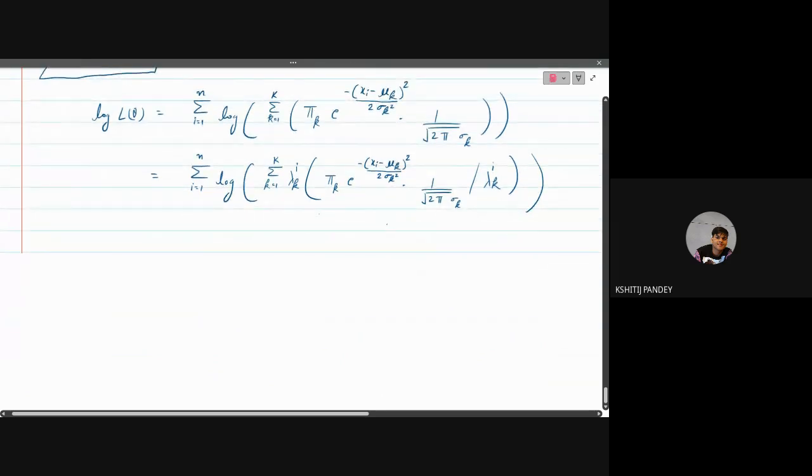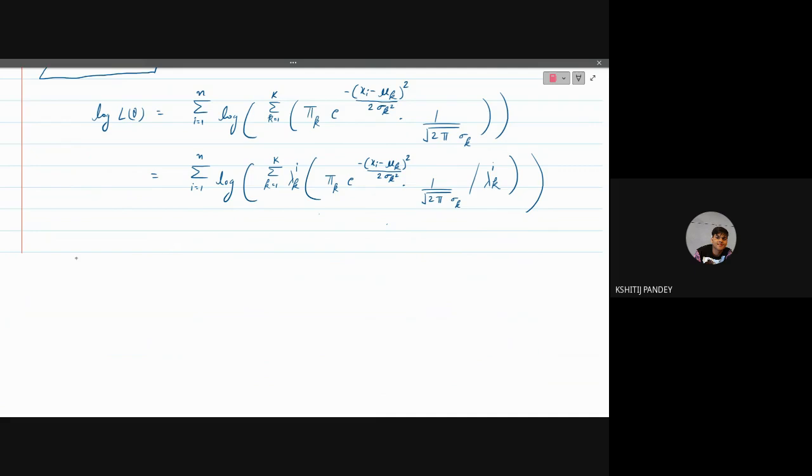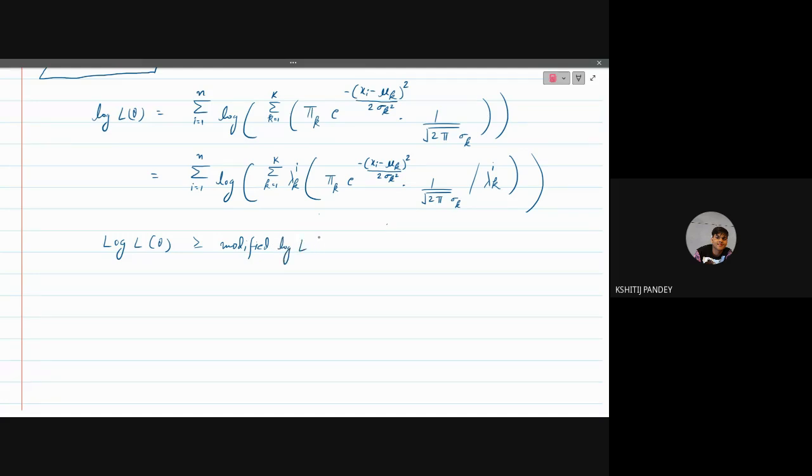This is what we will call the function that lower bounds the log likelihood, the modified log likelihood. So your log likelihood function is greater than or equal to this modified log likelihood, which has different mu's, sigmas, lambdas and pi's.